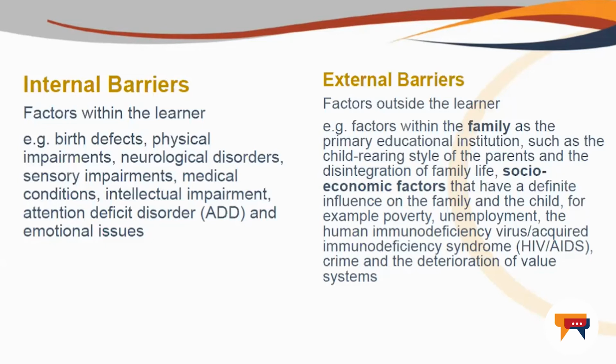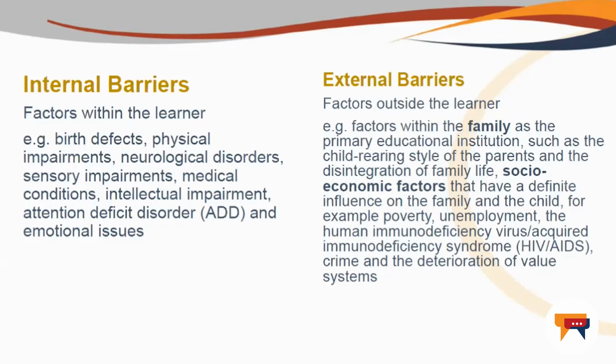And therefore, these conditions and factors need to be taken into consideration, and we plan on the basis of minimizing the negative influence on education. Then on the right side of your screen, you'll see the factors that are external or outside the learner.